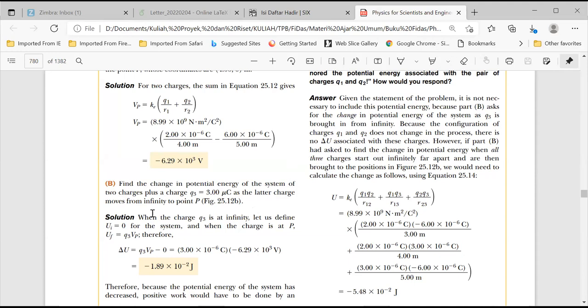Okay, so both charges in this case have done work by moving the third charge from infinity to point P. So the potential in this case, we have Q3 times Vp, which is minus 1.89 times 10 to the minus 2 joule.